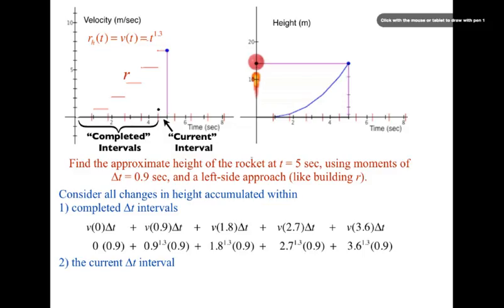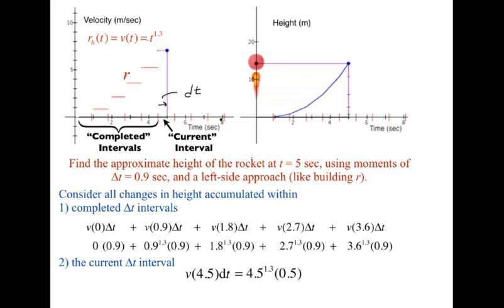So dt is 0.5. So it's how much we've changed in the current interval. dt is a variable, right? It changes within the current moment. So to get the value in the current delta t interval, we're going to take v of 4.5 times dt, which is 0.5, not the 0.9.